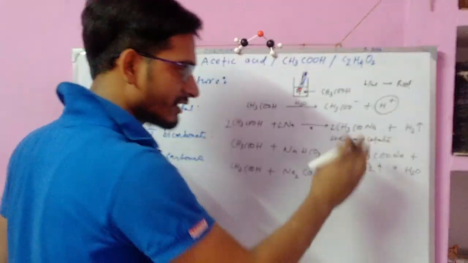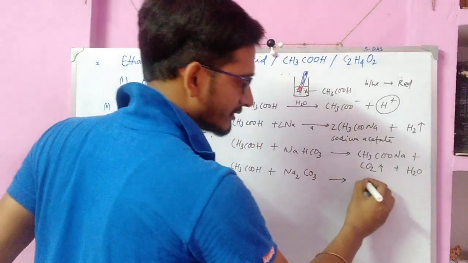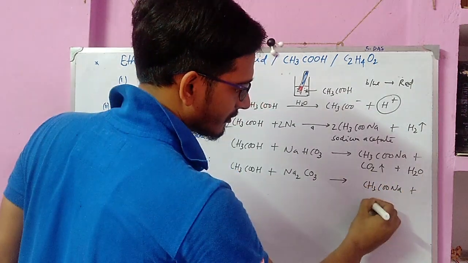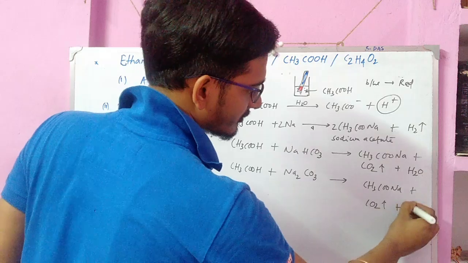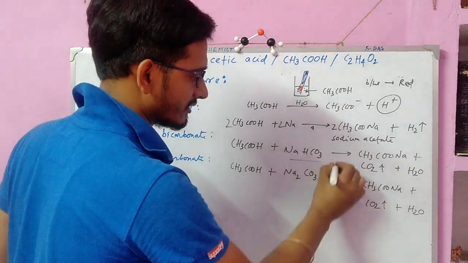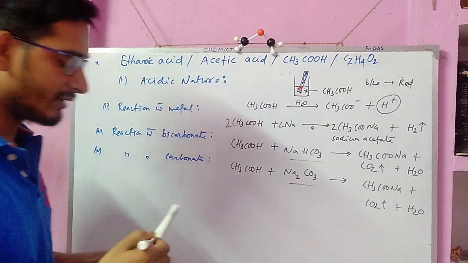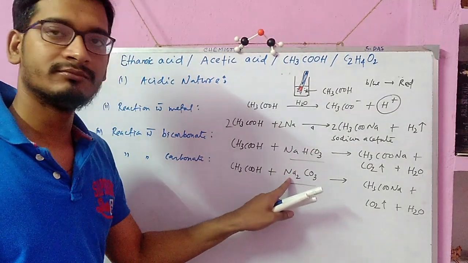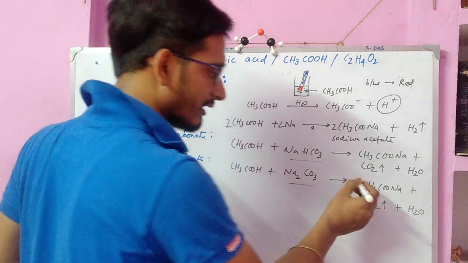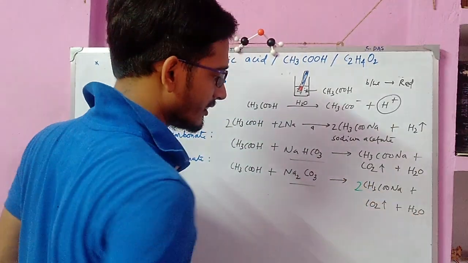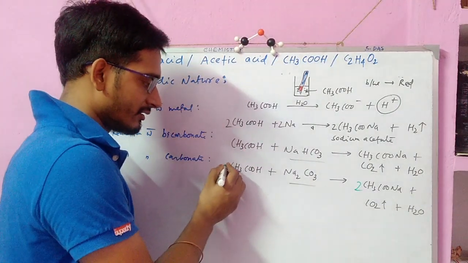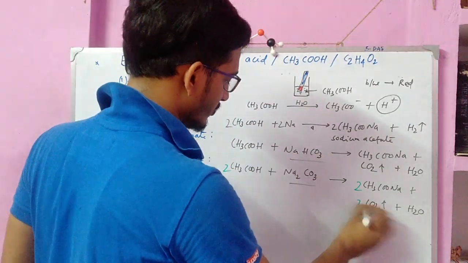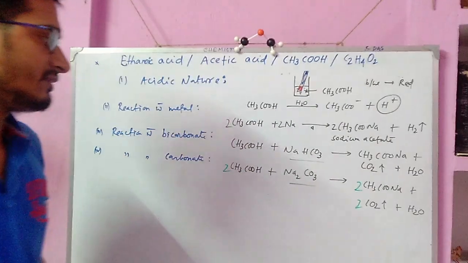When treated, the same product will be obtained, that is CH3COONa plus carbon dioxide gas plus water. In both cases, the same product will be obtained. But since here there are 2 sodium atoms, for the balance we have to give here 2 Na, and here 2, and here is also 2. Now this is balanced.